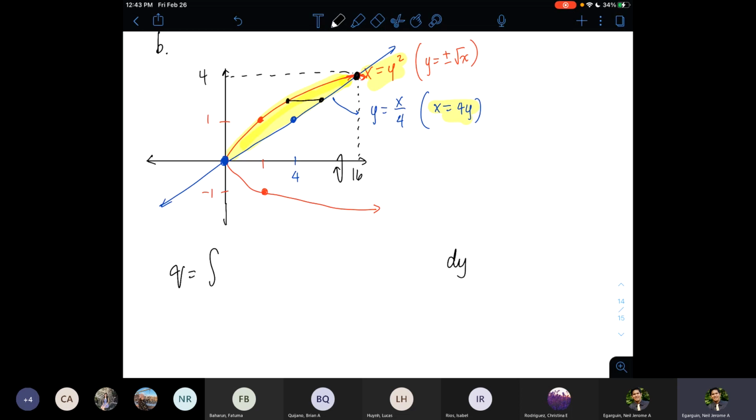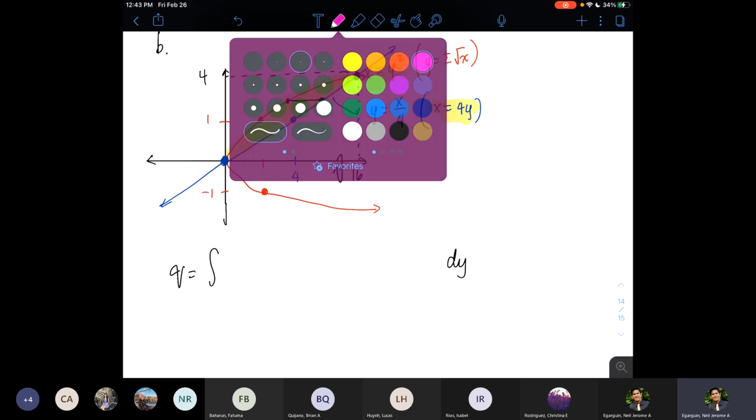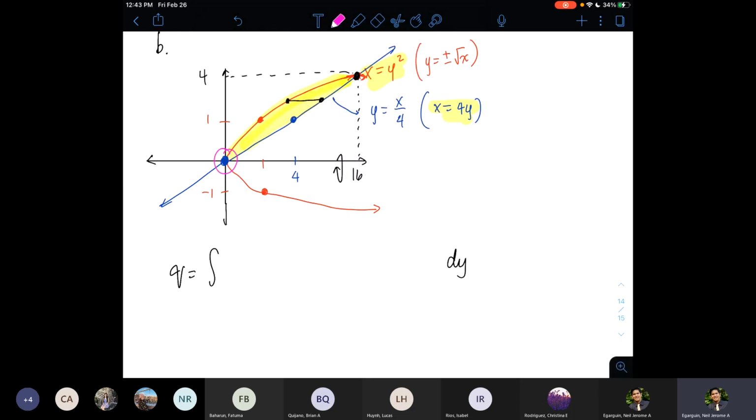So here we are integrating with respect to y. So the bounds for the integral will be the starting and the ending y value for the region. Well, here the region started where? It started at y equals 0 and ended at y equals 4. So our bounds would be 0 and 4.